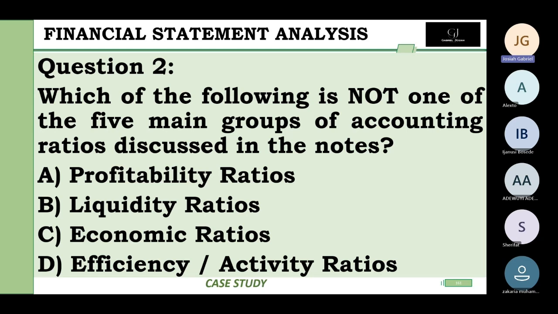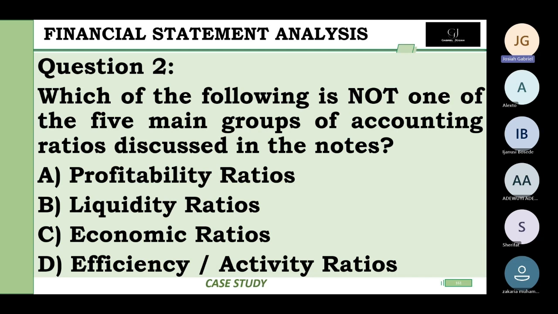AA, what's your pick? C, sir. Okay. AT, what's your pick? AT, are you there or you're still thinking? C for me, sir. Okay, ZM is picking C. All right. AT, are you there? You're muted.